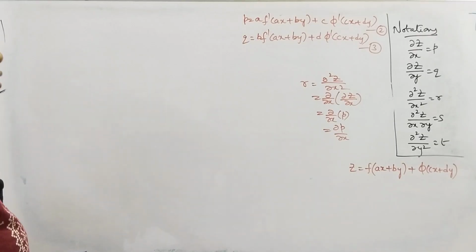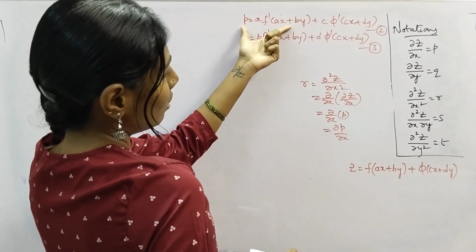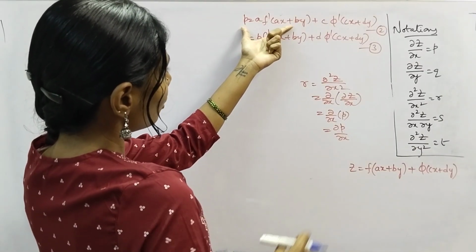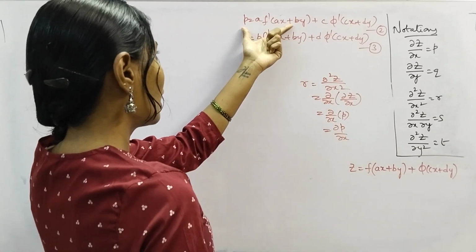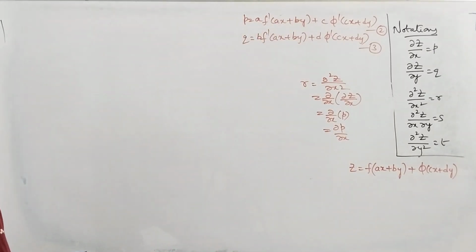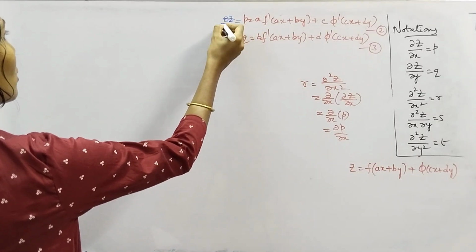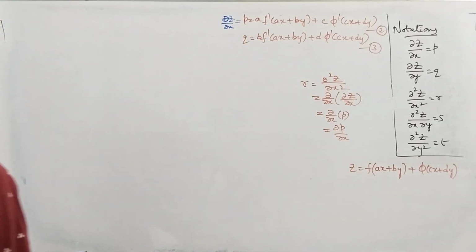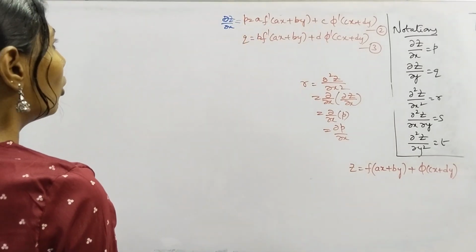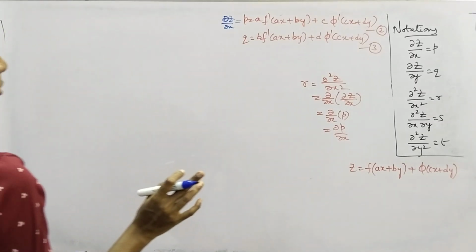For that, we'll use the equation involving p, that is equation 2, and we'll partially differentiate it with respect to x, so that you'll get the equation involving r. So let's partially differentiate 2 with respect to x. Here you can write dou z by dou x instead of p, because p is nothing but dou z by dou x. You can write either p or dou z by dou x.